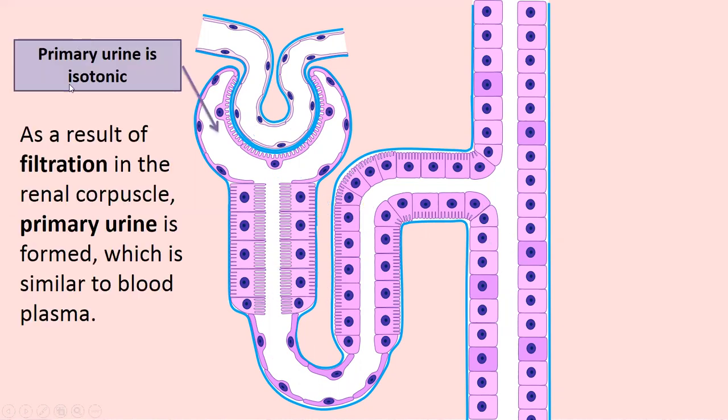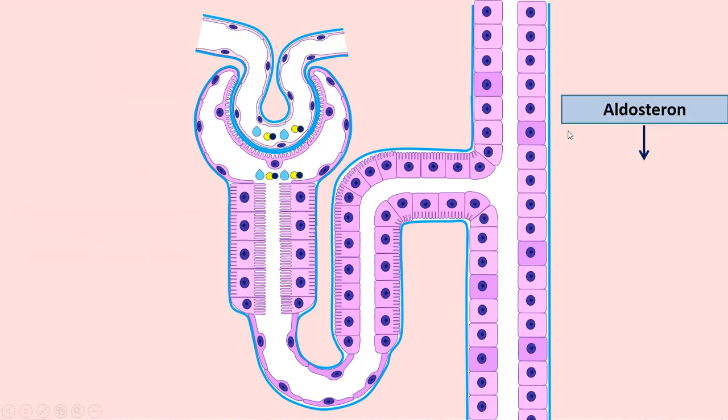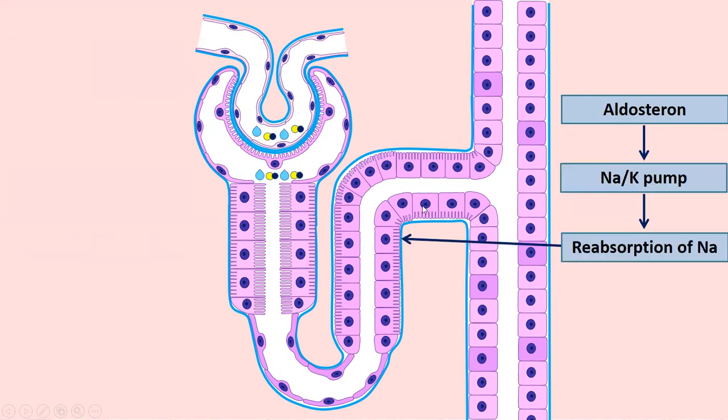So primary urine is isotonic, it's similar to blood plasma, and aldosterone activates a sodium-potassium pump, which provides reabsorption of sodium in the distal tubules. So it's the main place of reabsorption of sodium. And here we have reabsorption of sodium in distal tubules, and it helps in the reabsorption of water in other tubules: in proximal, thin, and collecting tubules.